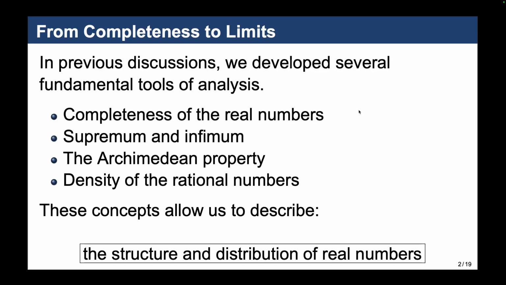In previous discussions, we developed several fundamental tools of analysis: completeness of the real numbers, supremum and infimum, the Archimedean property, density of the rational numbers. These concepts allow us to describe the structure and distribution of real numbers.